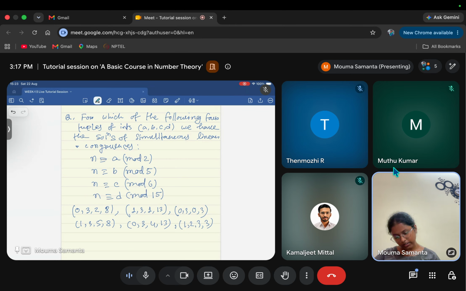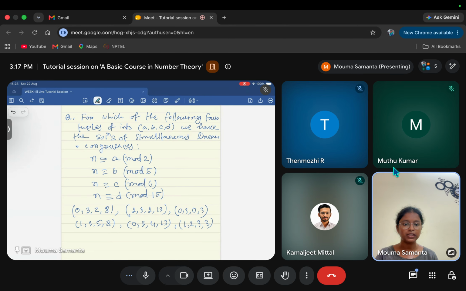So see here, the first equation is mod 2, then mod 5, then mod 6 and then mod 15. I think in this way we can approach. If you take the first equation and third equation, what do you see?